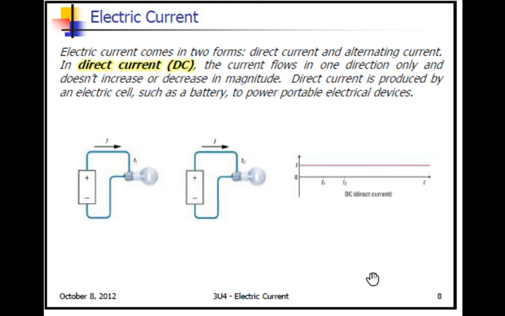So it's direct. It literally stays the same the entire time. This is the kind of current you would see from a battery or a lot of portable electric devices. So the current does not change at all.